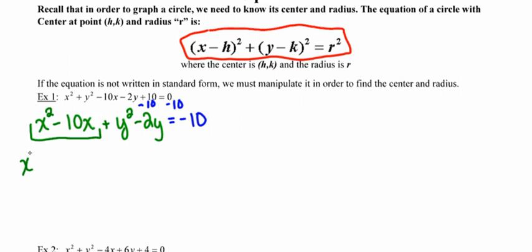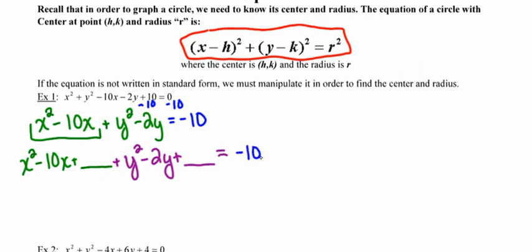I'm going to take the x squared minus 10x and add some value to those x's, and then do the same thing for the y's: take the y squared minus the 2y and add a certain value, recalling that whenever I add terms to the left side of my equation, in order to maintain the balance, I need to add the same terms to the right side of my equation.